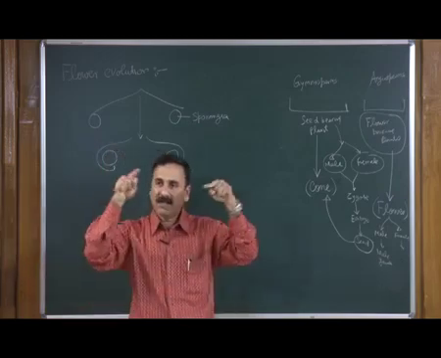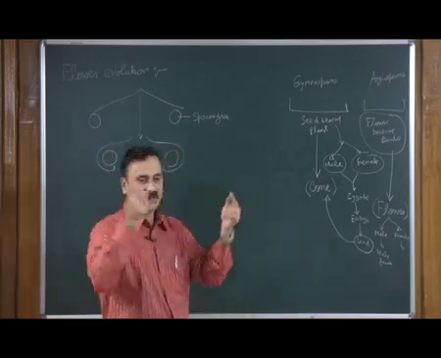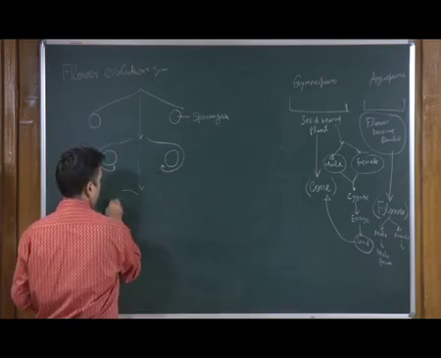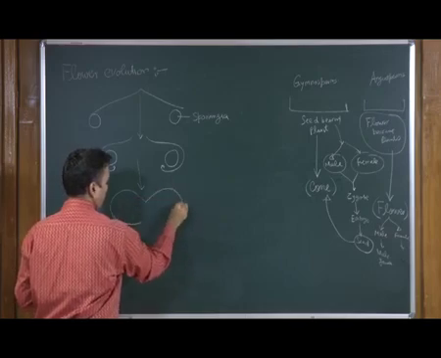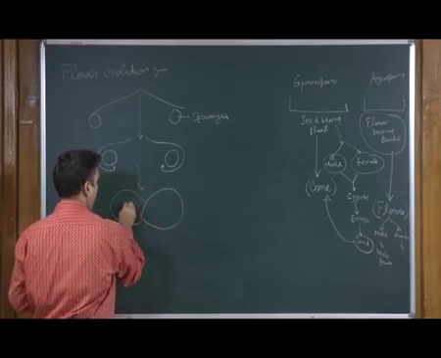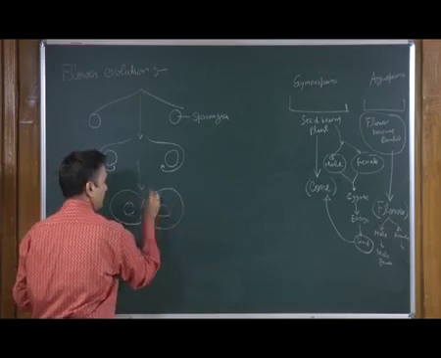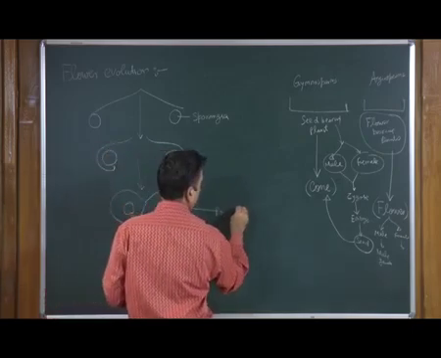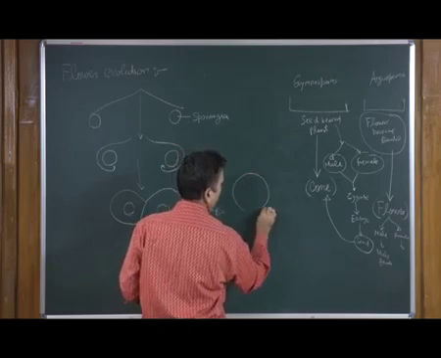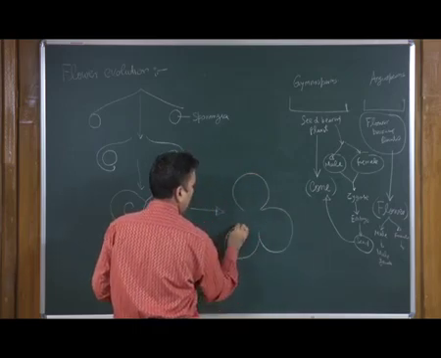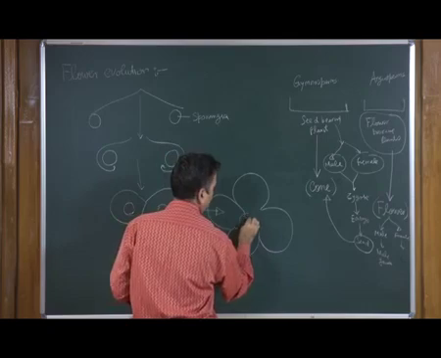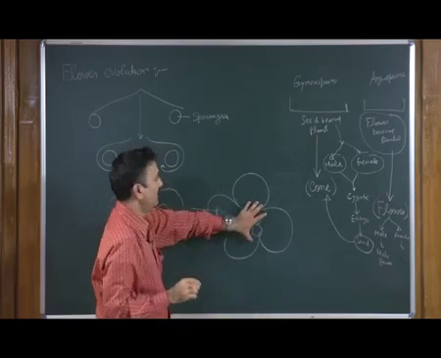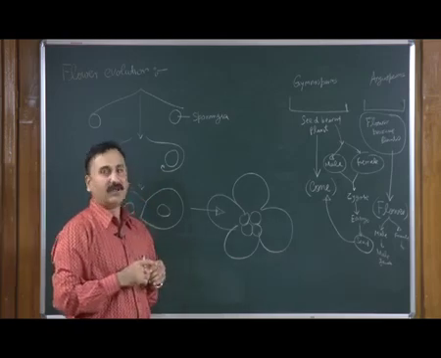Then ultimately these leaves started curling further up, and as a result you started developing a flower like this, where the sporangia are present in the center, and this evolved into a flower-like structure. This is what a typical flower looks like.